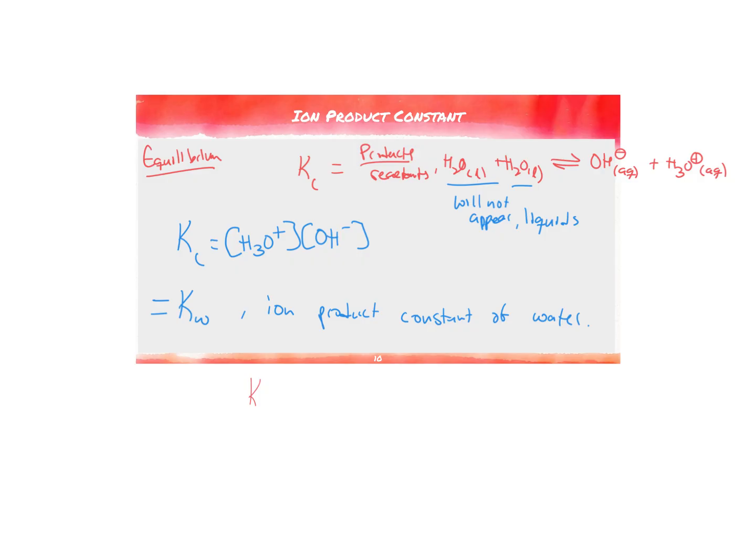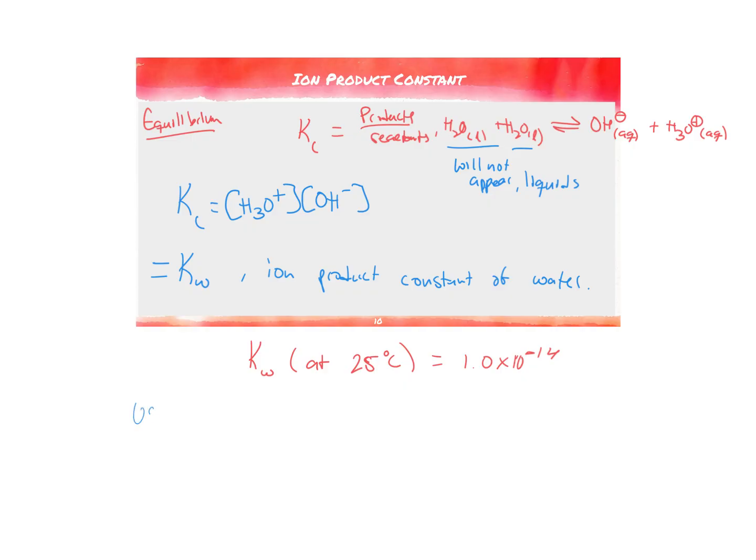Kw, and I'm going to specifically put in parentheses at 25 degrees Celsius, because this is not true at other temperatures, is equal to 1.0 times 10 to the negative 14. And we will use this number to help calculate acidity.